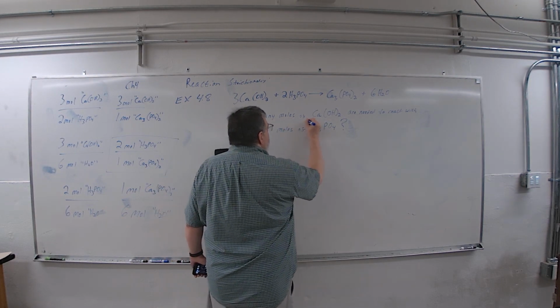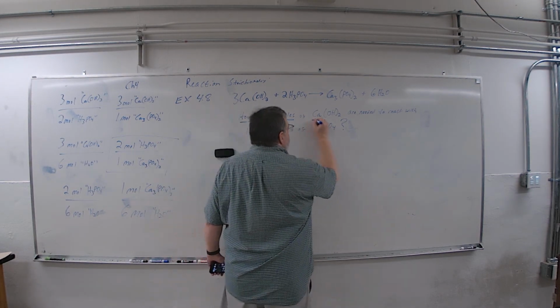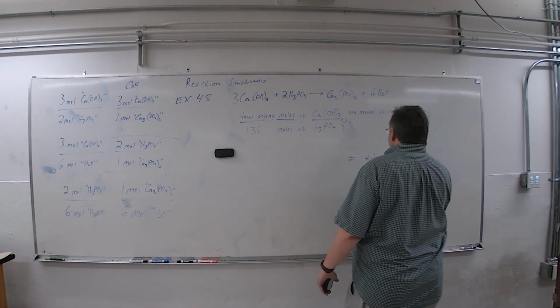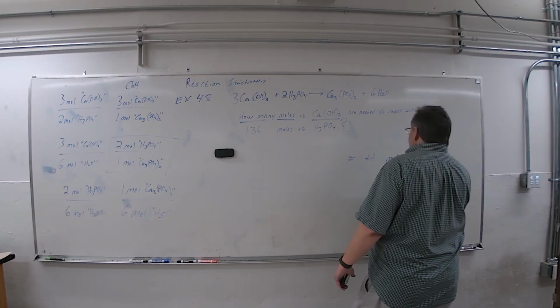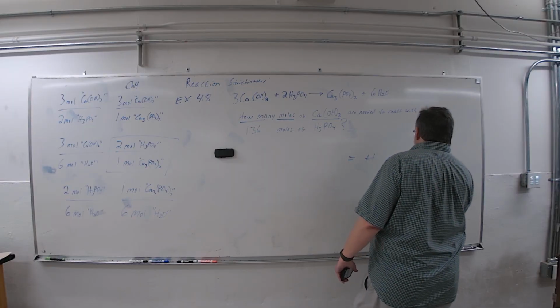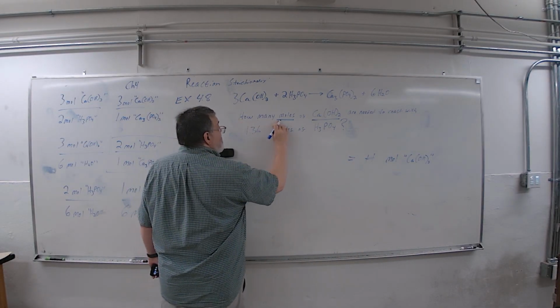How many: numerical value, unit, label? So I'm going to go equals numerical value, moles Ca(OH)2. And over here, I'm going to write the 1.36 moles of H3PO4.